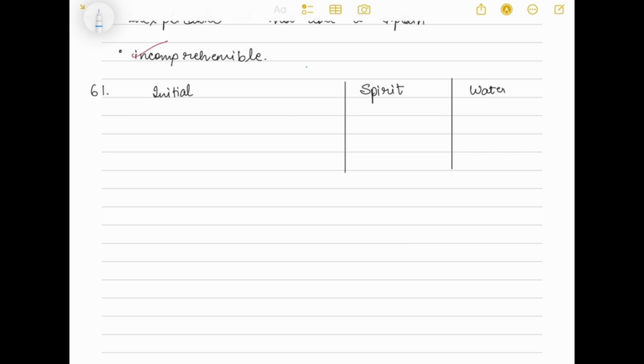Initially there was 10 liters of pure spirit and then 0 liters of water. Now from this container 1 liter of spirit is replaced with 1 liter of water.